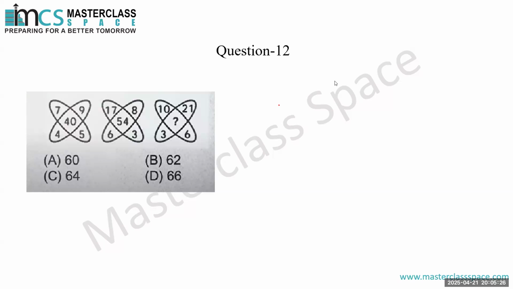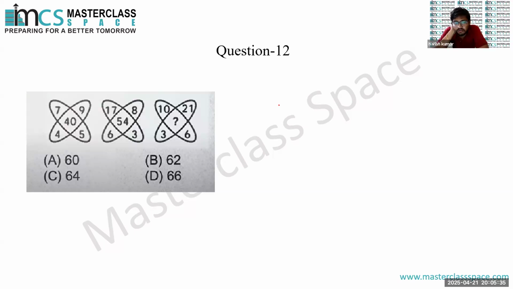Yes, sir. If you multiply the diagonal elements and add the bottom one. Which elements? 7 into 5 and you add the bottom element, so 5, so 40.